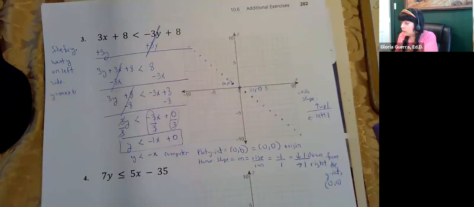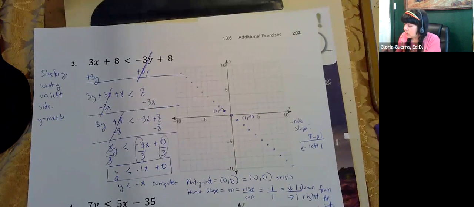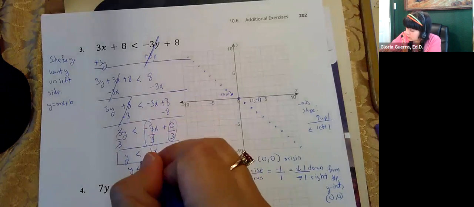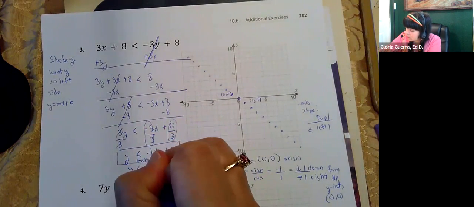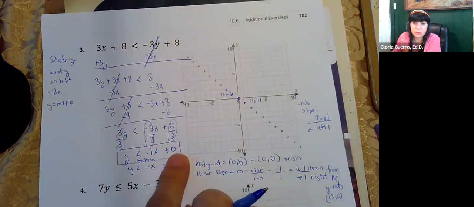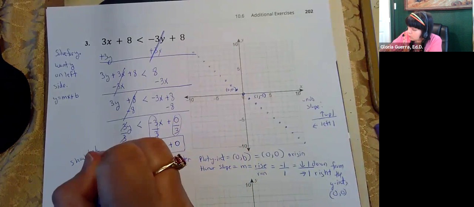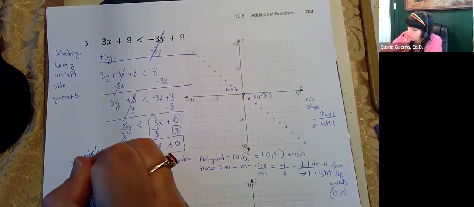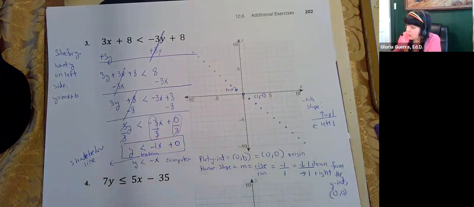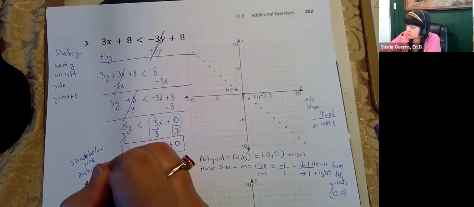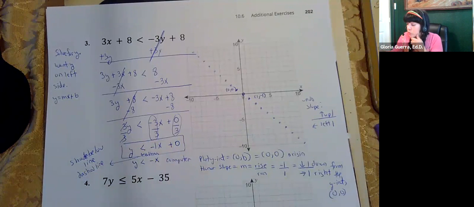Again, we're going to have to make a dashed line. This is saying that all your unknowns are less than this line here. So this means that you're going to shade below the line. You also have a dash line as opposed to a solid line because there's no underscore.